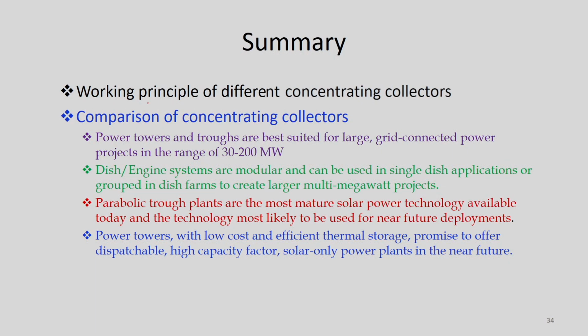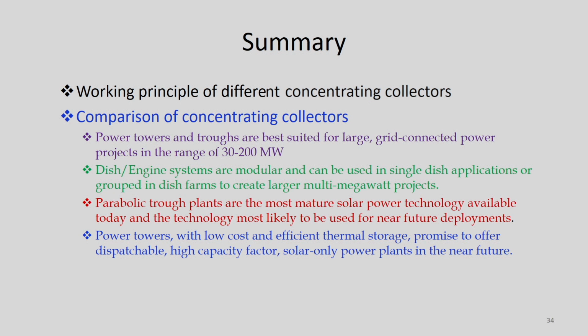So, we can summarize what we have discussed today about solar concentrating power technologies, their working principle, and those technologies which are applied for generation of higher temperature. We have primarily discussed the principles of different concentrating collectors, and we have compared the technologies.